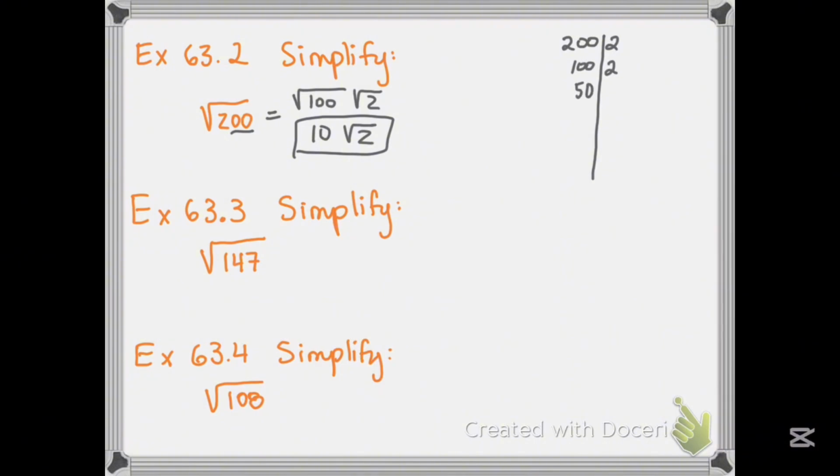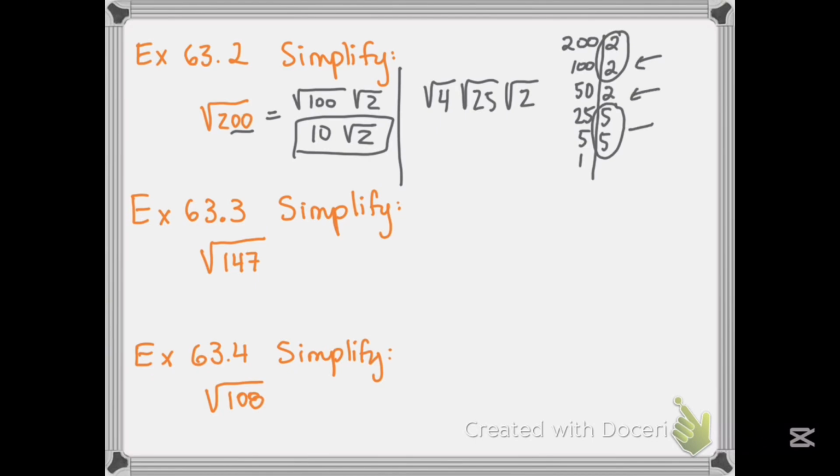Half is 50, half is 25, 5 is 5, and 5 is 1. And then we do groups of 2 to get perfect squares. So if we do it this way, it would be the square root of 4, the square root of 25, and the square root of 2, using these three groups.